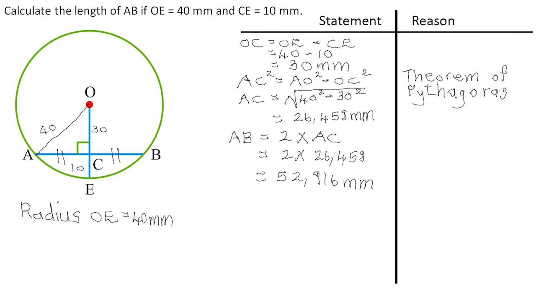Why? Because OC or OE is perpendicular. You can see there the 90 degrees tells me it's perpendicular to chord AB. And that implies that AC will be equal to BC.